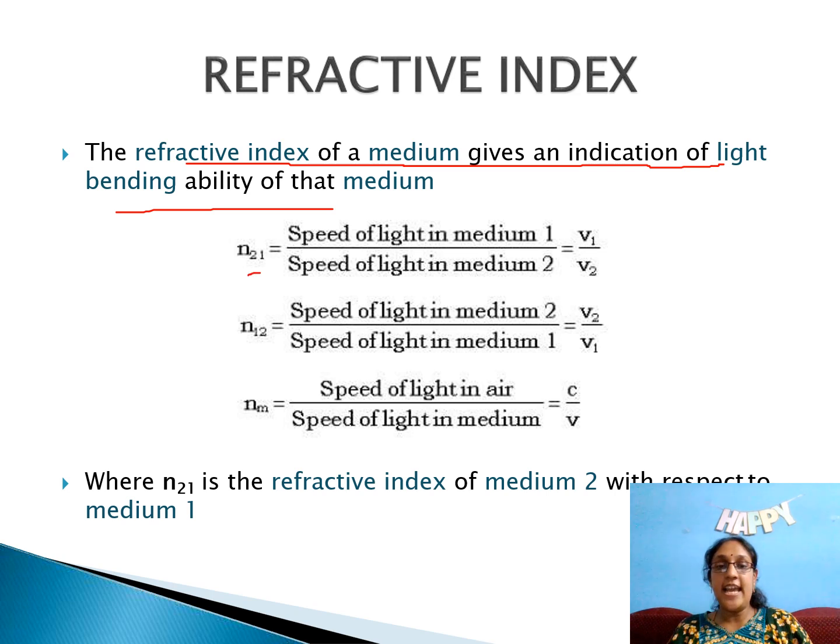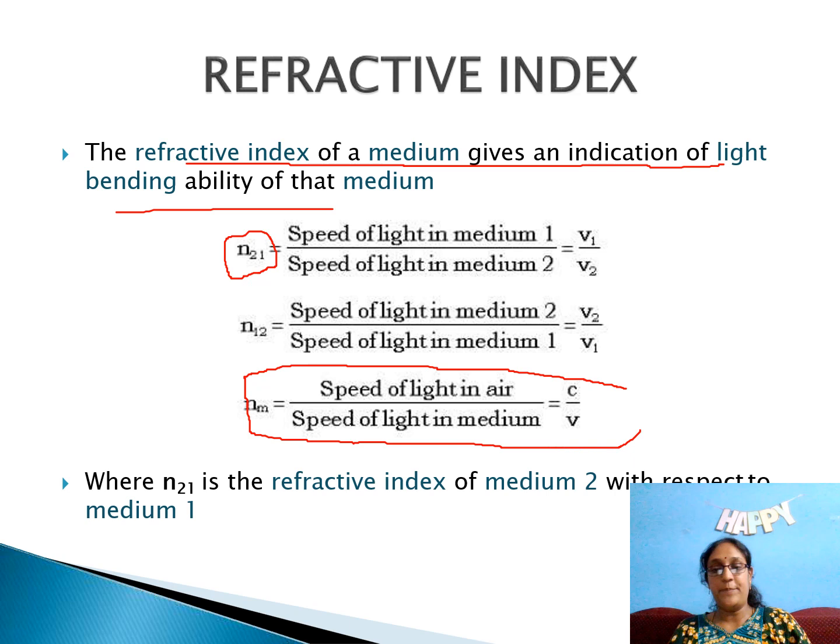So here can you see n21? This is only the constant value, the refractive index. It is nothing but the speed of light in medium 1 to the speed of light in medium 2, which you denote as v1 by v2. And what is n12? The speed of light in medium 2 by the speed of light in medium 1, that will be v2 by v1. This is the main thing.